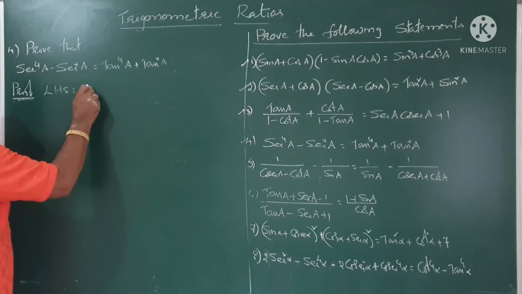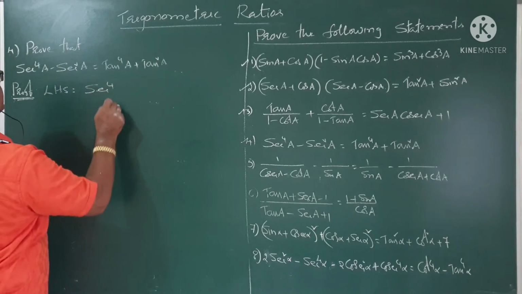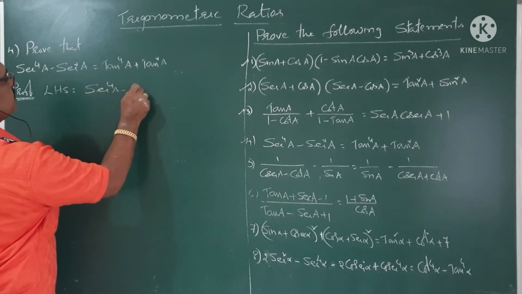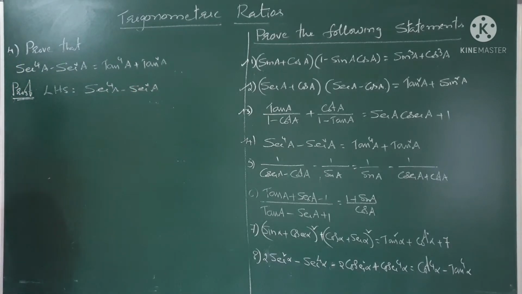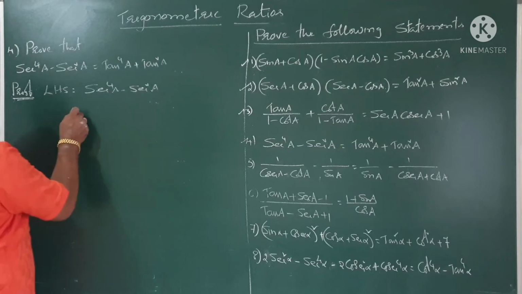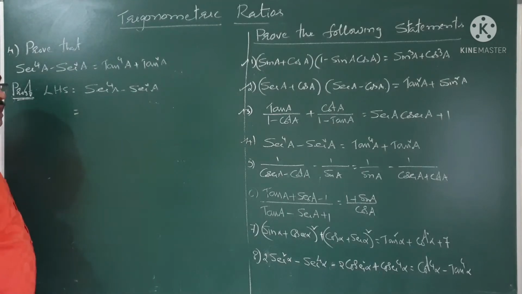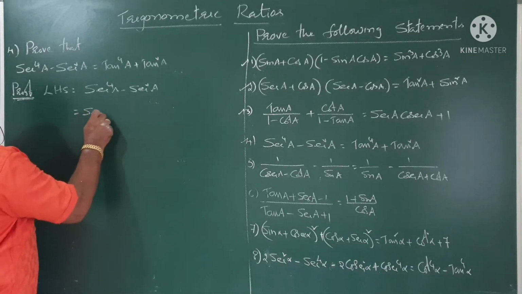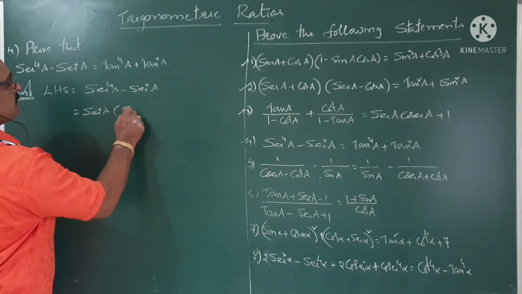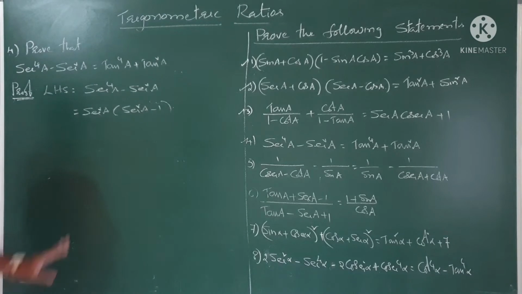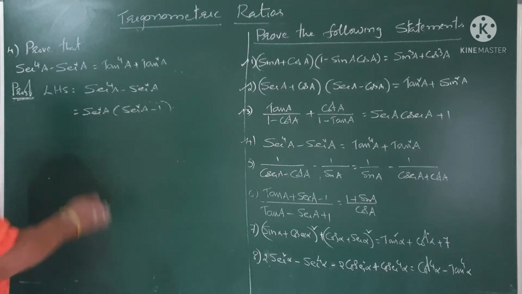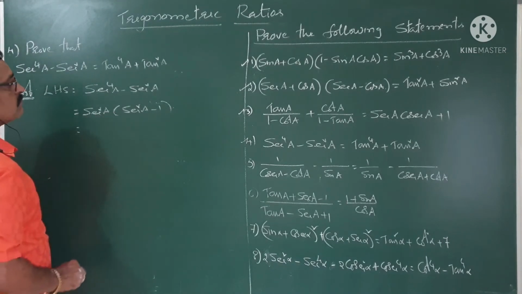Left hand side, I have secant power 4a minus secant square a. What I do, I take secant square a common factor. So secant square a, I will get secant square a minus 1. Now convert them into tan. How?